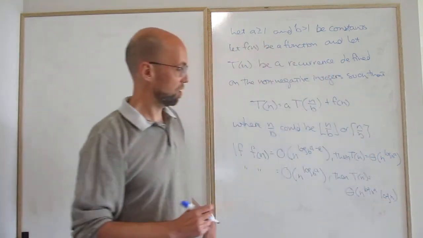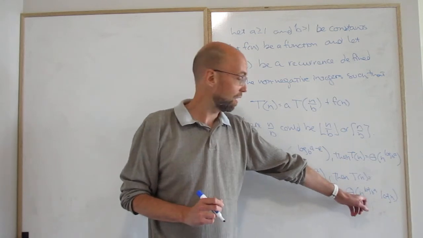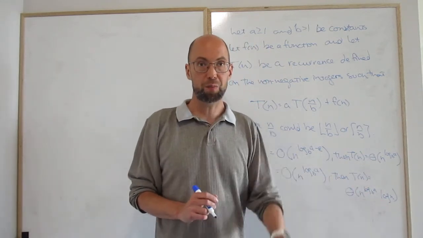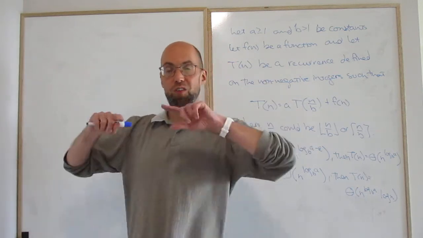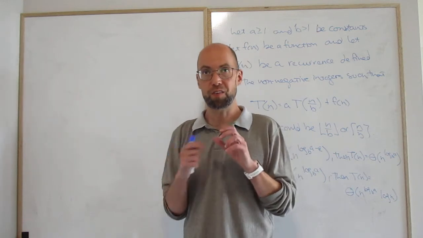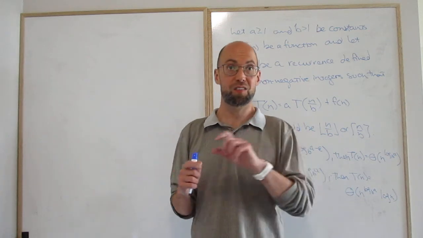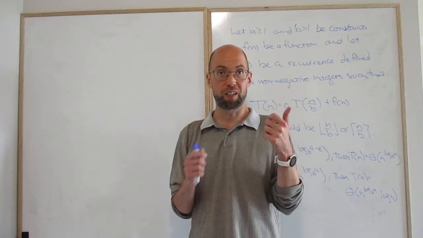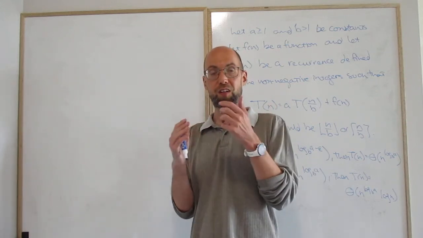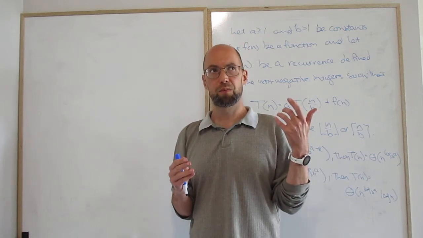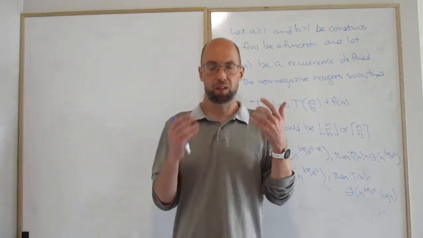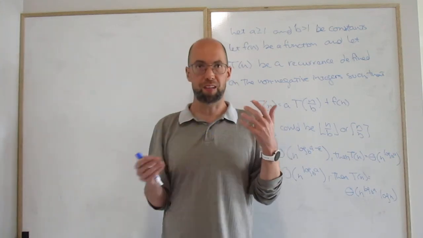I should just mention here that in the textbook, this is lg. I'm writing it log because it's standard. Once you're inside asymptotic notation, changing the base of the logarithm only changes a constant coefficient, right? Like if you go from log base 10 to log base 2, it just multiplies it by log 2 over log 10.